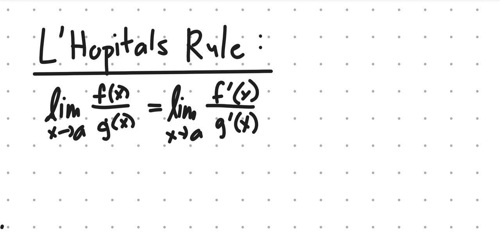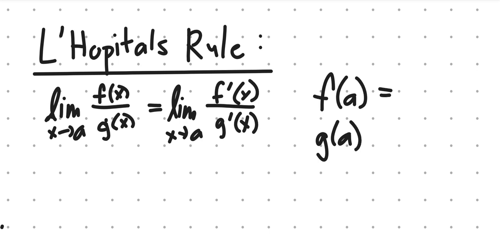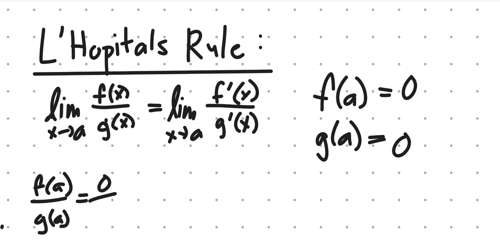And before we start, I want to give you some information about the condition that should hold, and if it holds, we can use L'Hopital's rule. The first condition is that f of a and g of a both equal 0. This means if we plug in a directly, we would get f of a divided by g of a equal to 0 divided by 0, which is an indeterminate form.